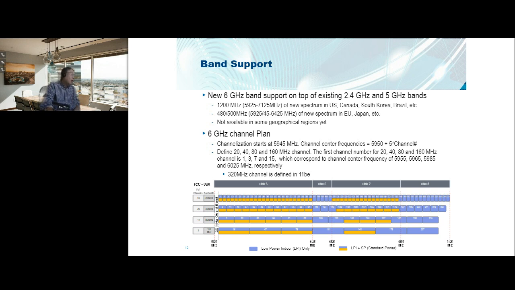Some other geographic regions are still working on it and it's not available yet. So the spectrum availability of the 6 GHz band is still not global, but more and more countries are opening up, and most major geographic regions can already enjoy this new 6 GHz band.